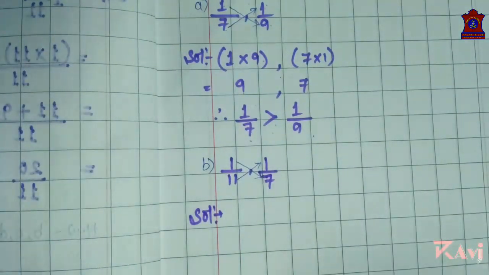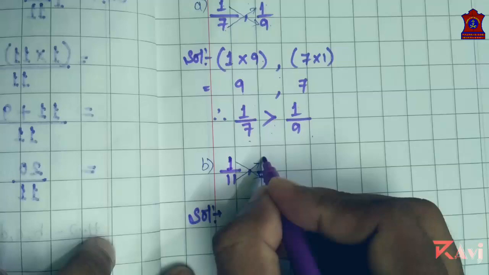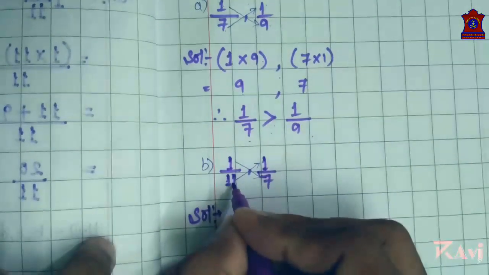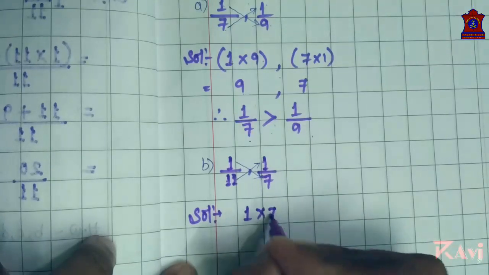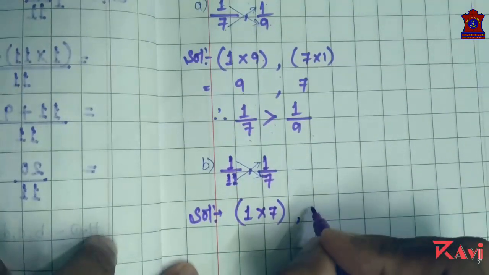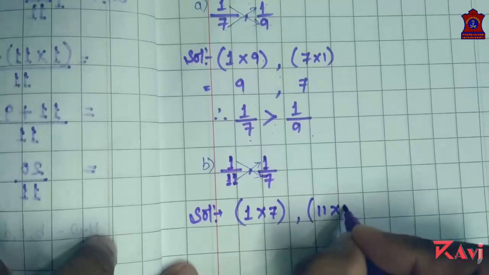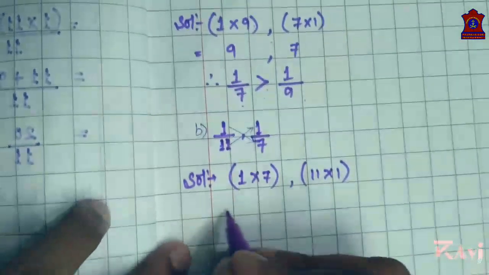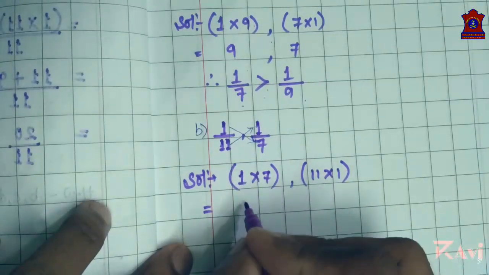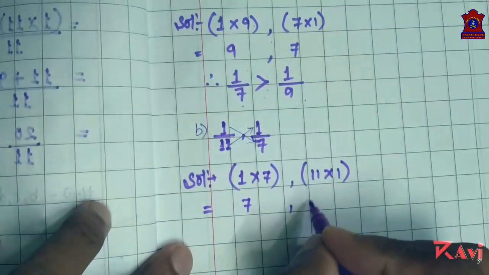Clear? So 1 into 7 we will be writing here, and here 11 into 1. This denominator will be multiplied by 1. Clear? See, 1 into 7 is 7 and 11 into 1 is 11.